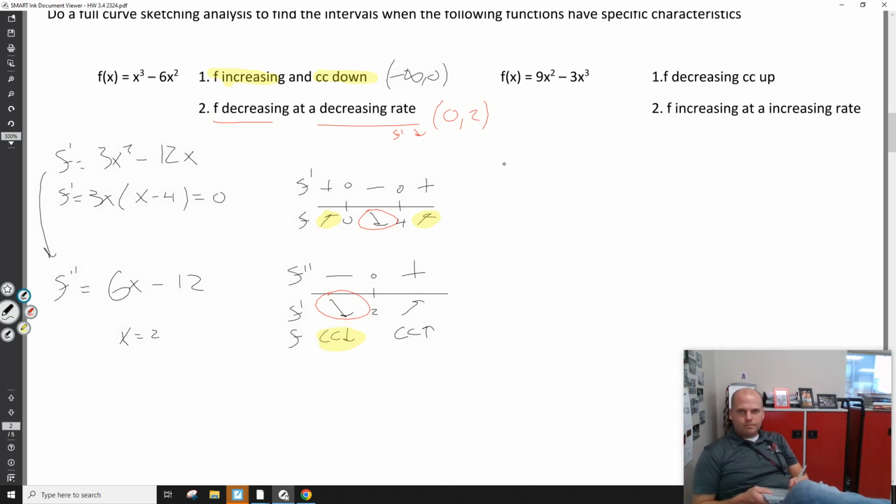All right, next one. First derivative sign analysis, 0 and 2.